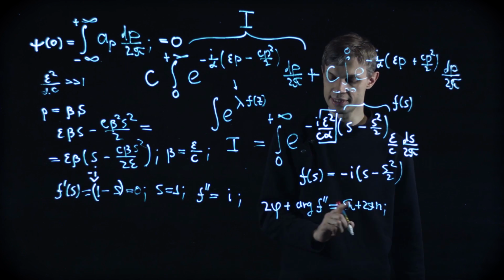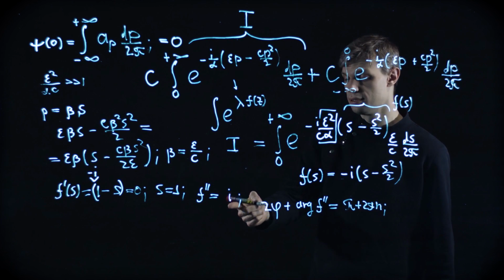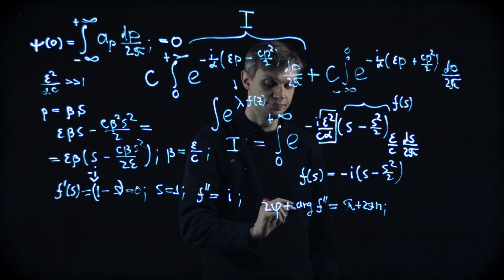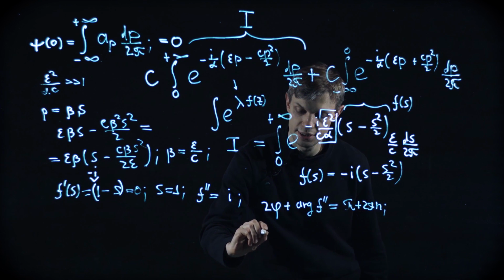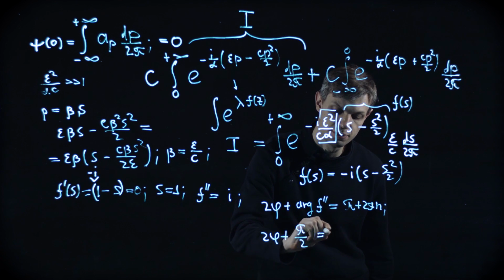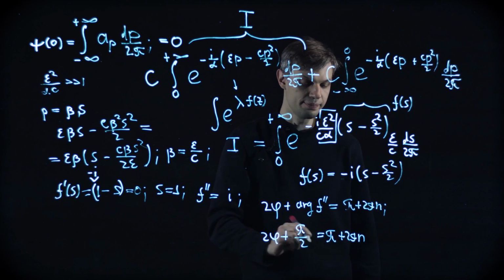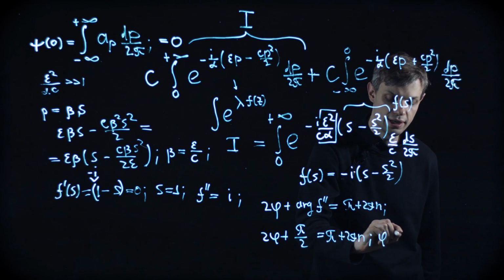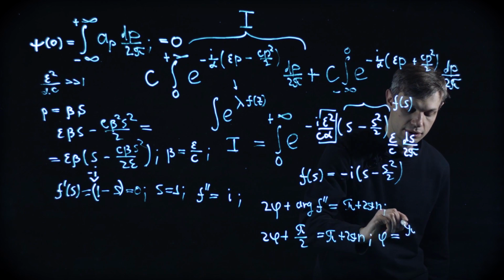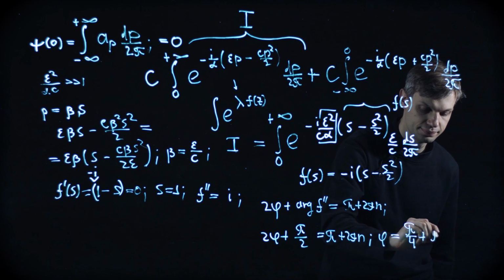So what is the argument of f double prime? f double prime is equal to i, so its argument is pi by 2. And our steepest descent condition turns into 2 phi plus pi by 2 is equal to pi plus 2 pi n. And finally, we get our angle. So phi is equal to pi by 4 plus pi n.